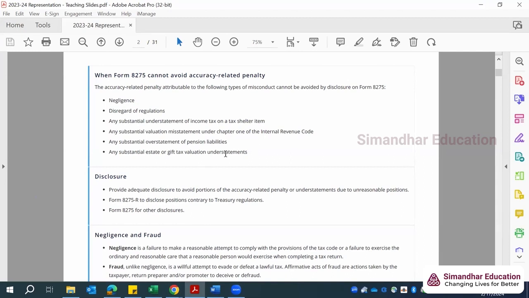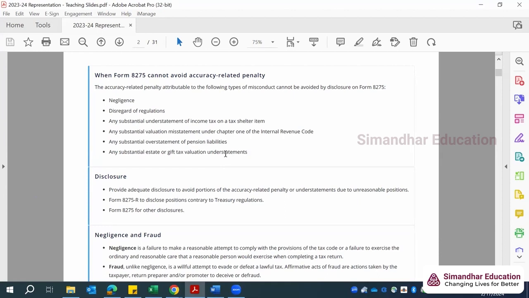So I am going to make reasonable attempts to understand the kind of business that person is running, because then I will be able to see whether the deductions the person is claiming are necessary and ordinary business deductions. If I come across certain deductions that are personal, I have to tell the taxpayer that these are personal expenses and you cannot claim it on your personal tax return.